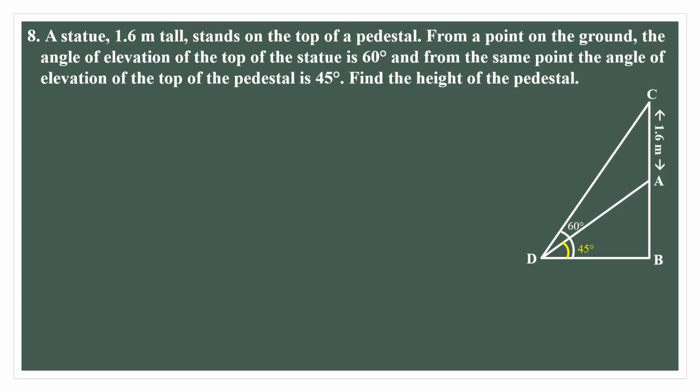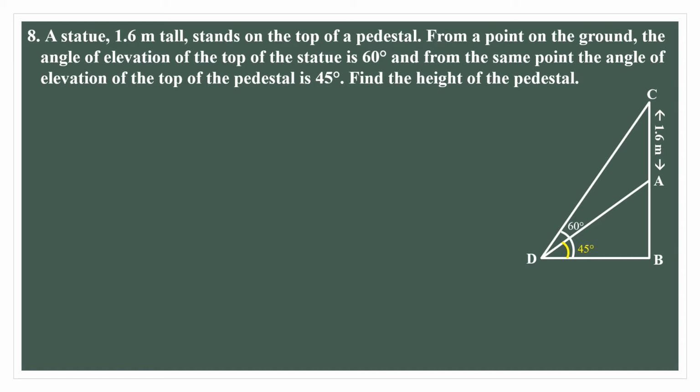You can consider AB as the pedestal, AC as the statue whose height is given as 1.6 meter. Point D is taken as the point of observation.